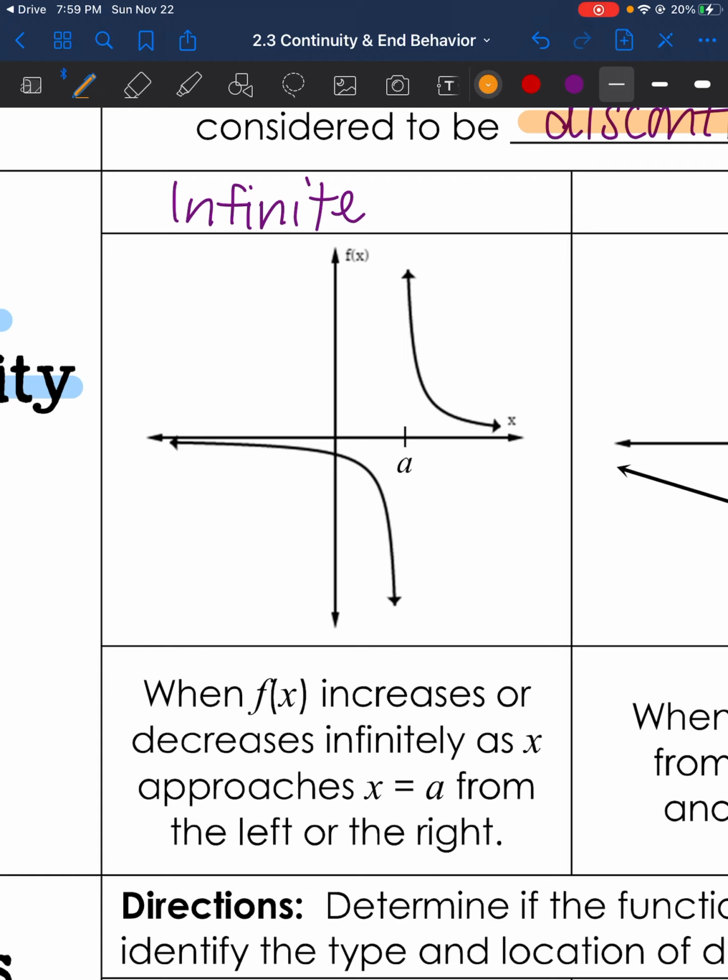We're looking at x equals a, which we can think of as this vertical line. As x approaches a from this direction, what are our y values, our f of x, doing?